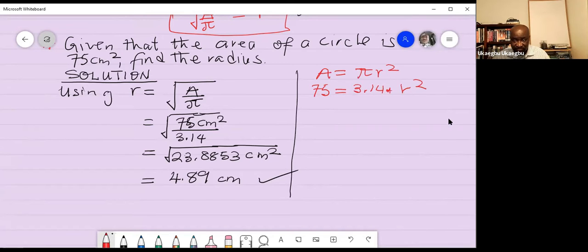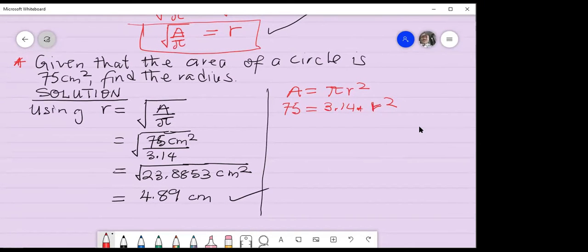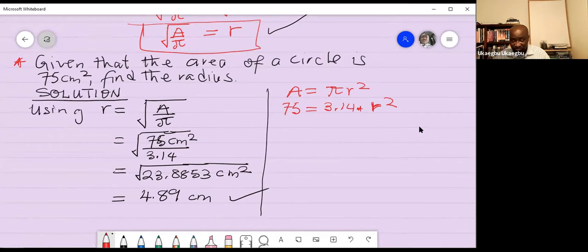Is that correct? Do you agree with me? Yes. Okay. So now we divide both sides by 3.14.